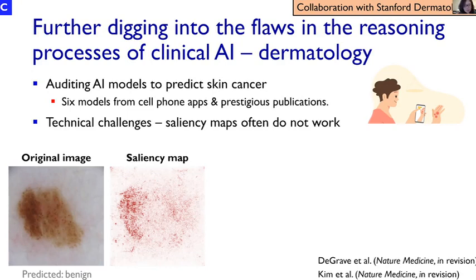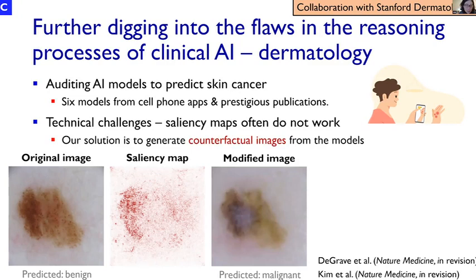So clearly, you need to go beyond just the feature attributions, which is basically the current state of the art XAI. One idea is to create counterfactual images. The idea is that you modify your input image such that you cross the classification boundary. Say this modified image is now predicted to be malignant.